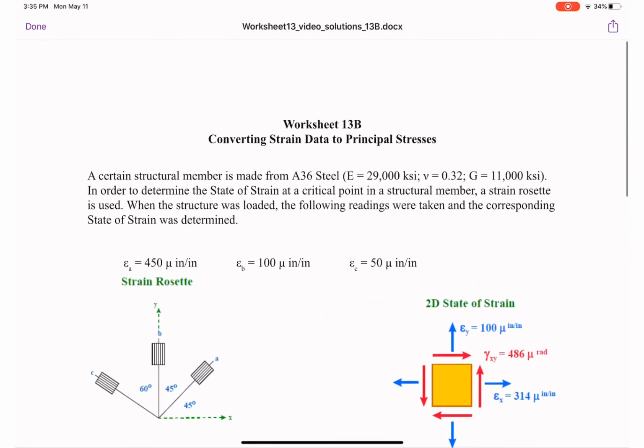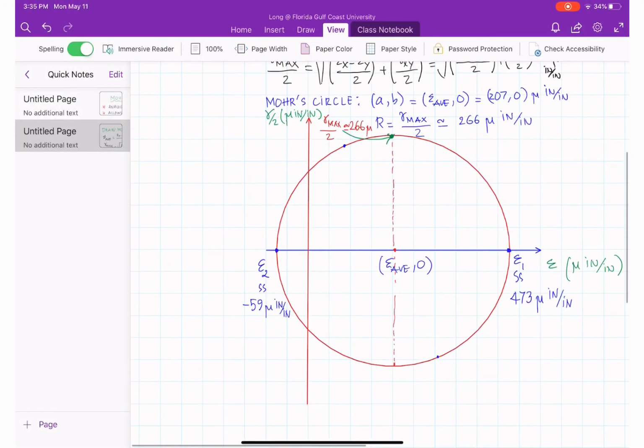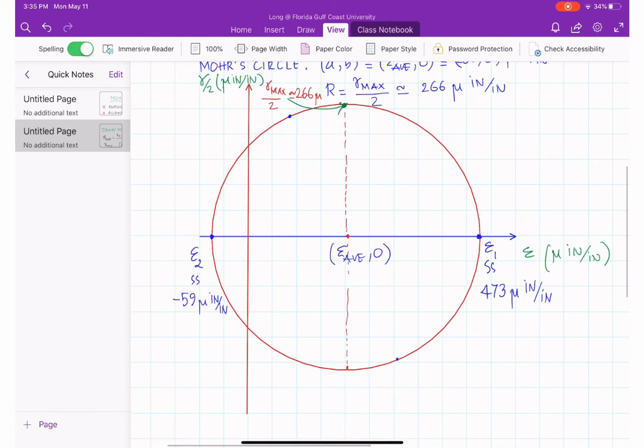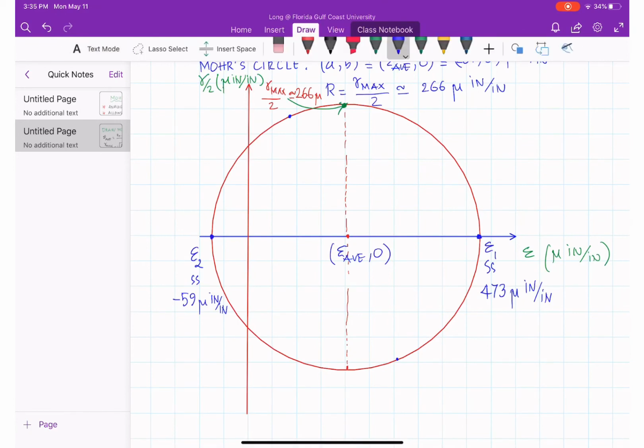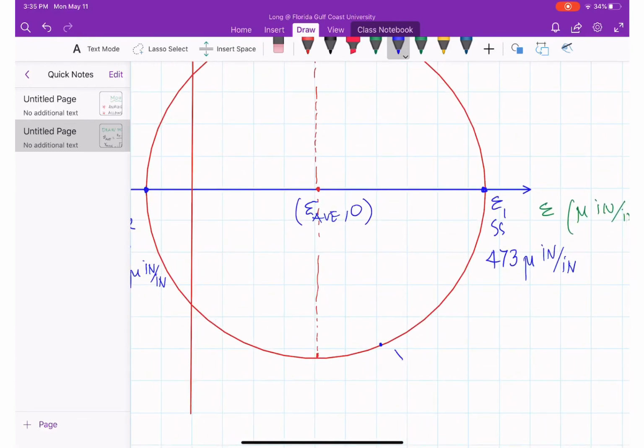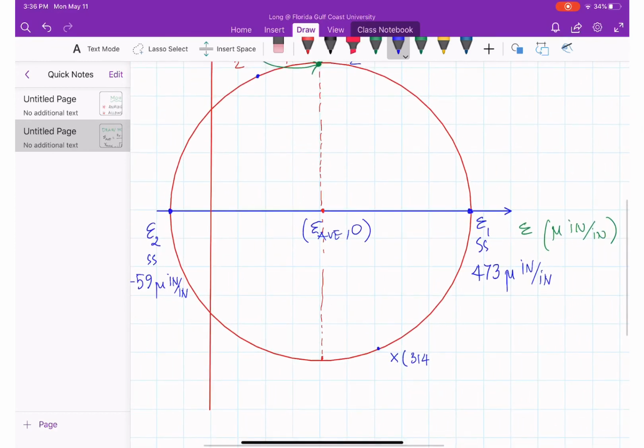So going back here, we can determine the x plane, and that x plane is this point. The point x here is 314 from the axis, and then negative 243 micro inch over inch for gamma over 2.